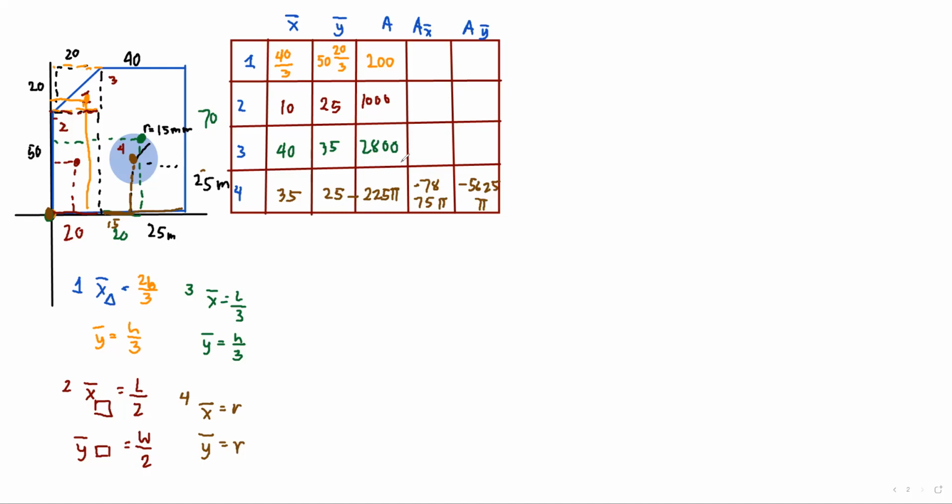Okay? Next, number 3, 28 times 40. So, magiging 112,000. Okay? 28, 0 times 35, 98,000.